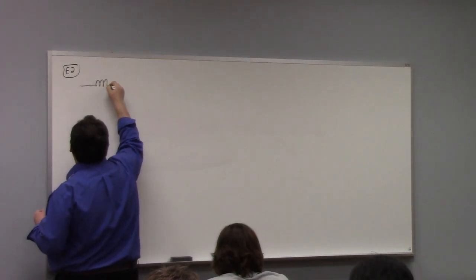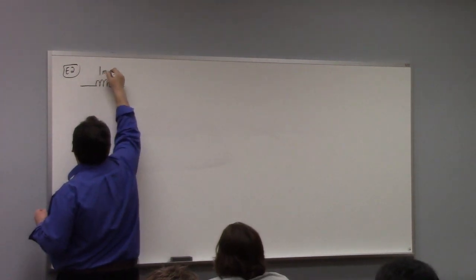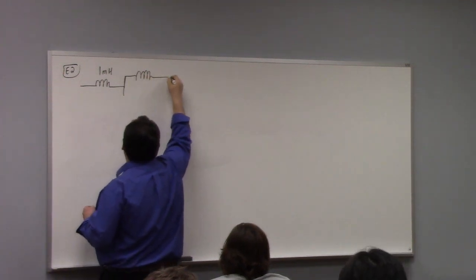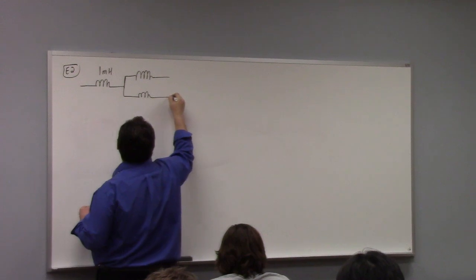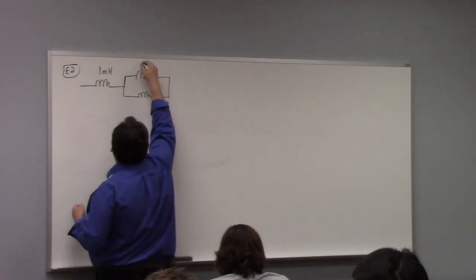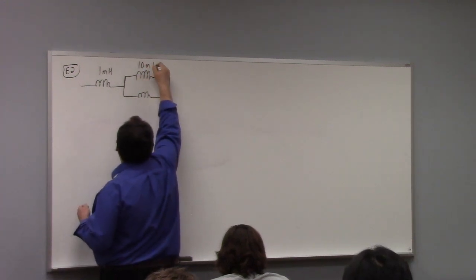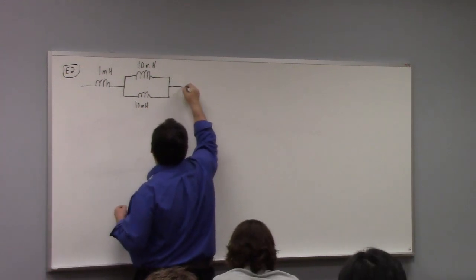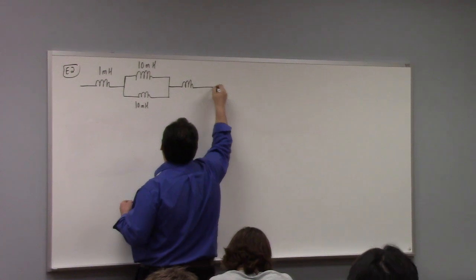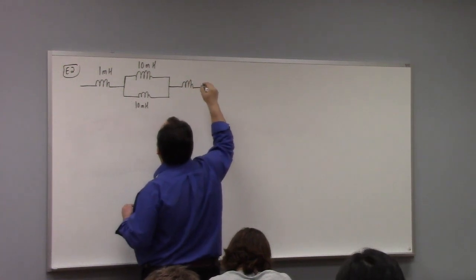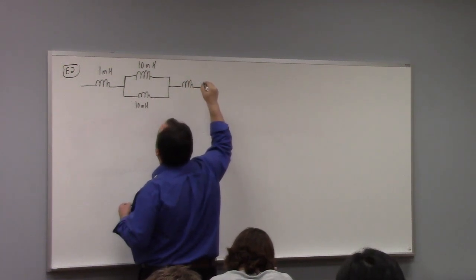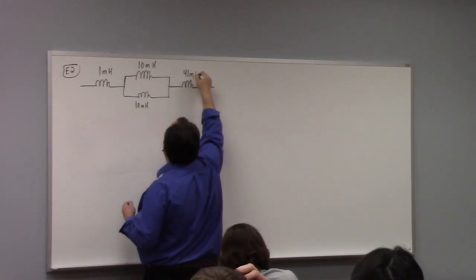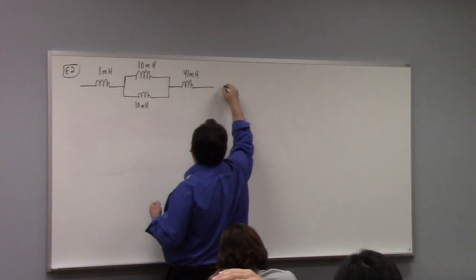You've got 1 millihenry, and then you've got 10 millihenries here, 10 millihenries here, right? And then you've got, oh, I don't know, let me just pick a random number, 41 millihenries, like that. This is equivalent to what?